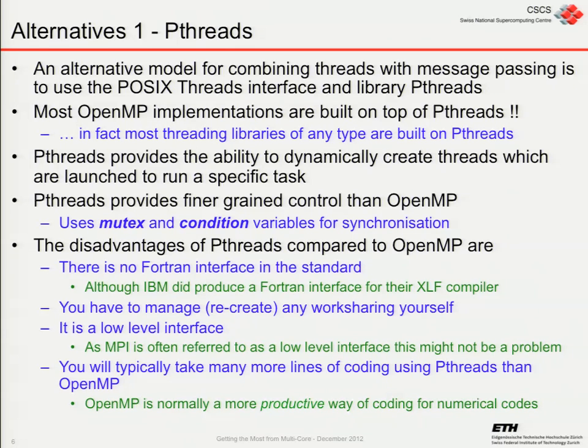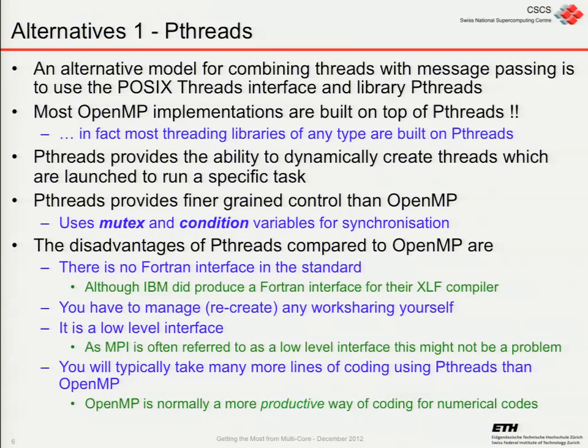So the disadvantages compared to OpenMP, well, for the probably 40% of people who put their hands up to being Fortran programmers, this isn't even an option anyway. And this is typical of actually most alternatives to OpenMP. There was once a Fortran interface, but it was specific to a compiler. As I said, you have to manage all that work sharing yourself. Where do I begin?